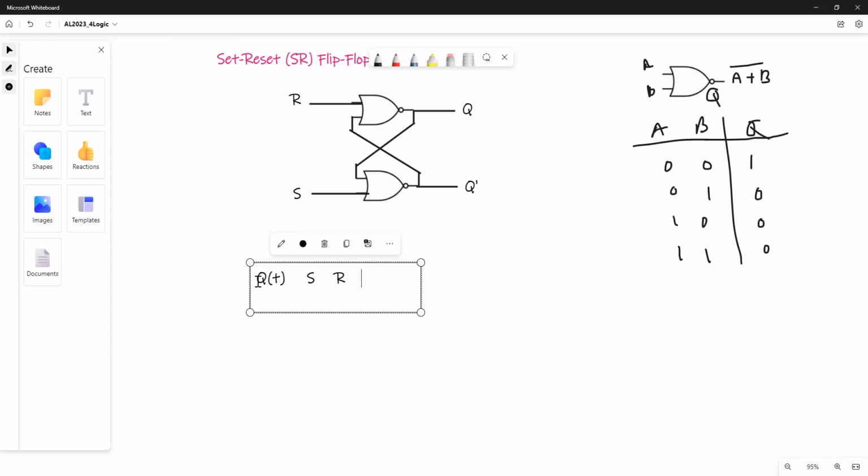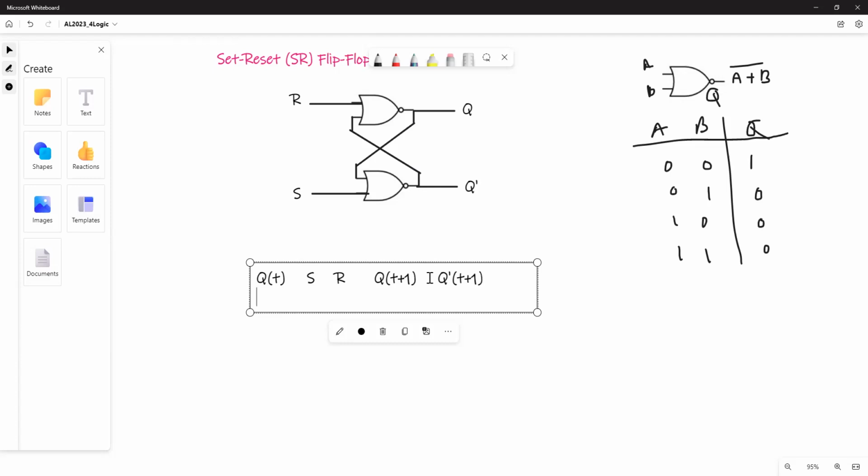So I'm going to say this is Qt plus 1. The reason is that now we have a previous output taken as input. If the current output is t plus 1, we know the previous one is Qt. So that is a simple representation to understand what is happening. And let me put Q bar t plus 1 as well.